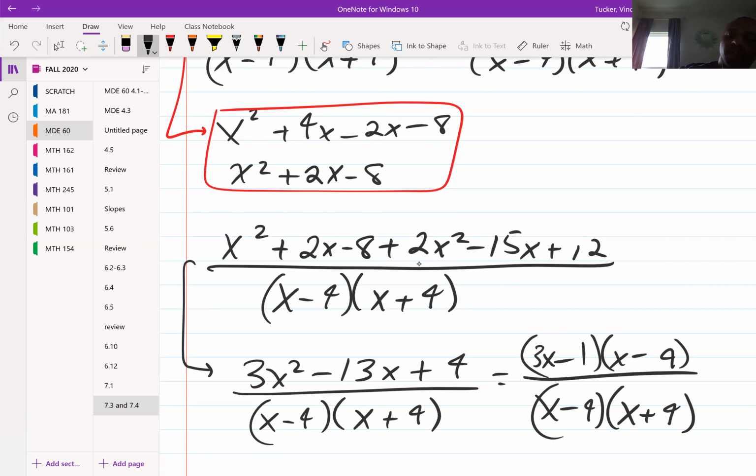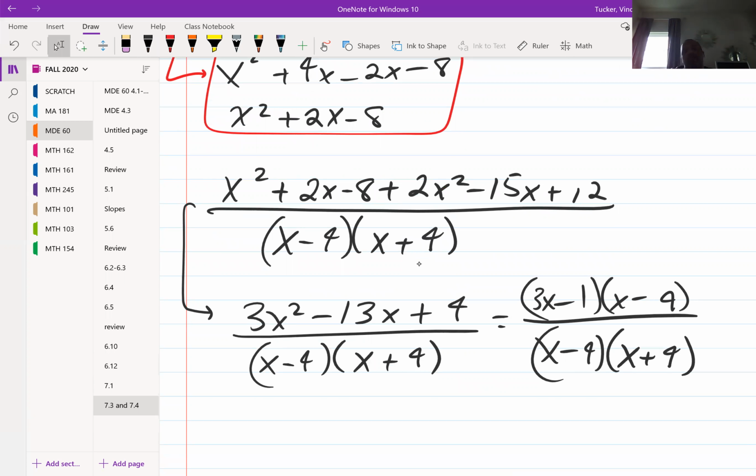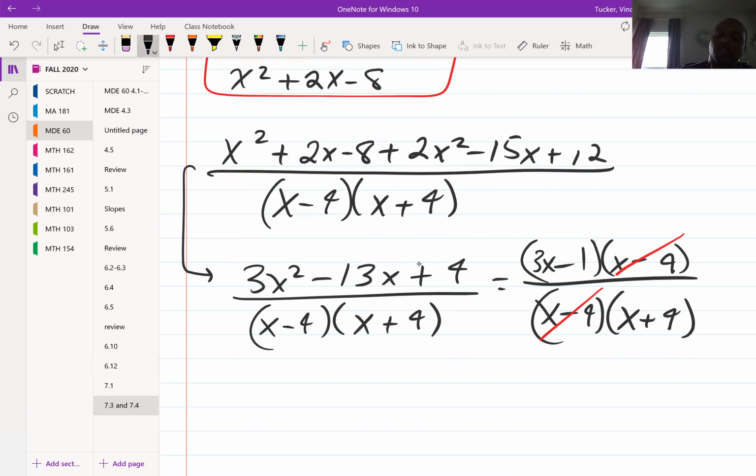Yep, that'll do it. So that factors out to (3x - 1)(x - 4). The x - 4s will cancel, and that'll be (3x - 1)/(x + 4).